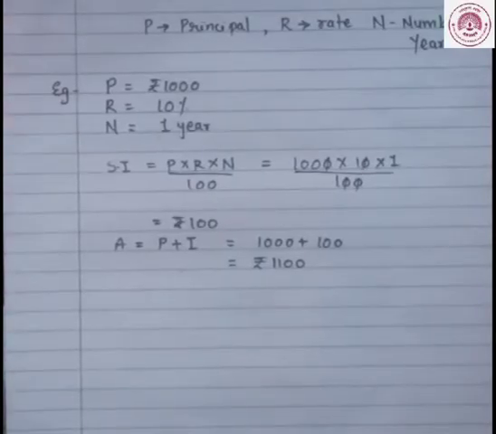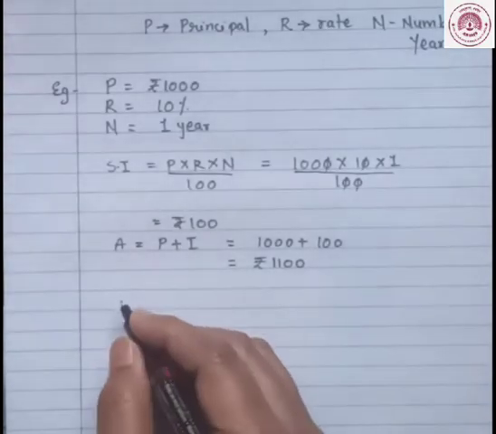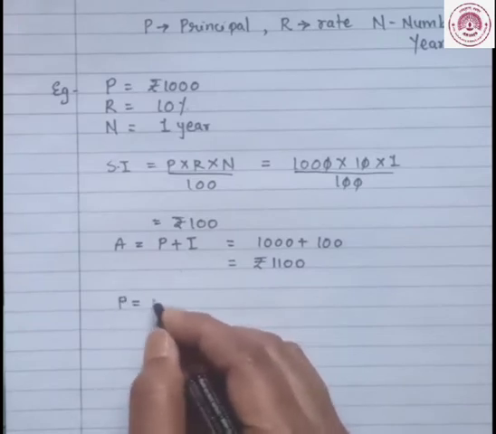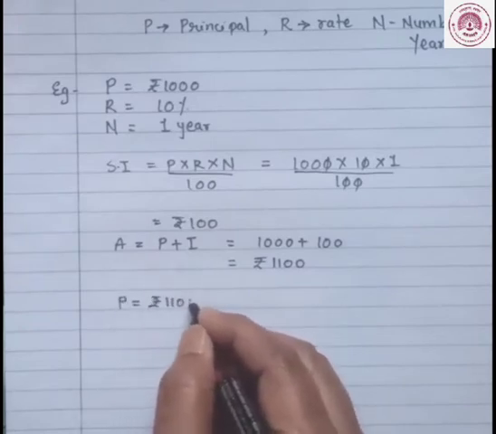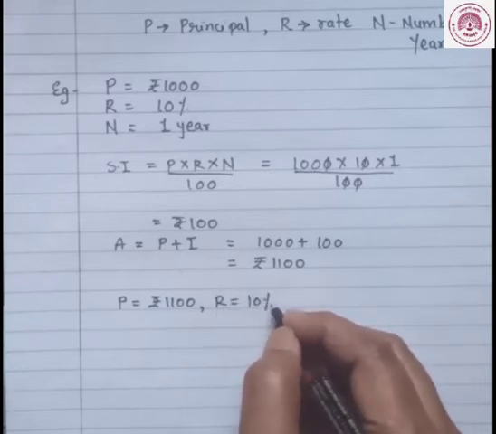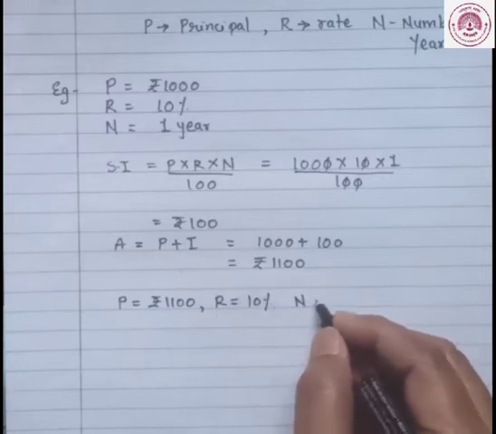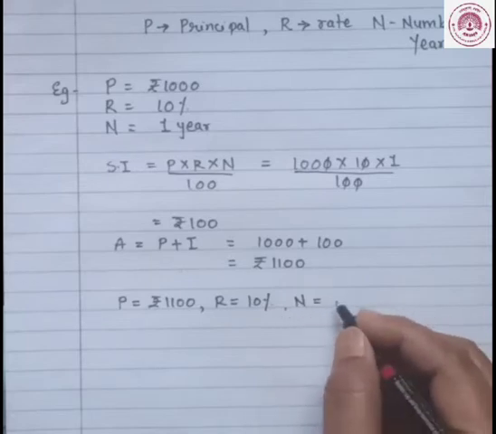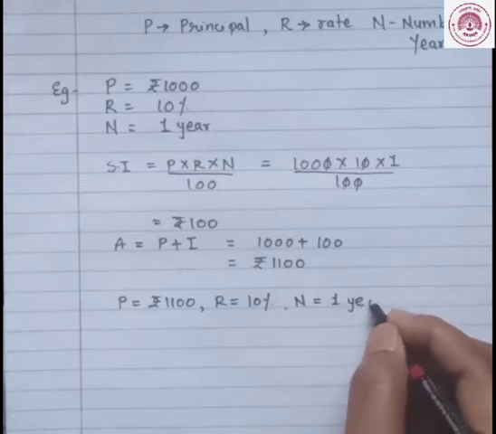After 1 year, if we do not withdraw the amount, it will become the principal amount for the next year. So for the next year, our principal amount will be rupees 1100. Rate of interest will remain the same, 10%, and we are keeping the amount for 1 year only.